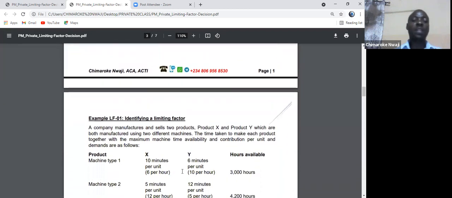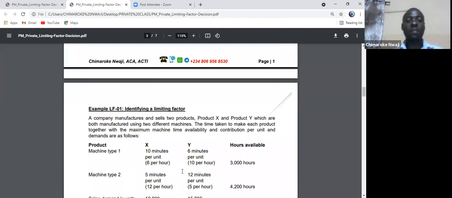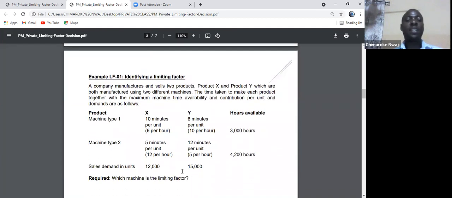All right, let's look at example LF1, identifying a limiting factor. A company manufactures and sells two products, product X and product Y, which are both manufactured using two different machines.